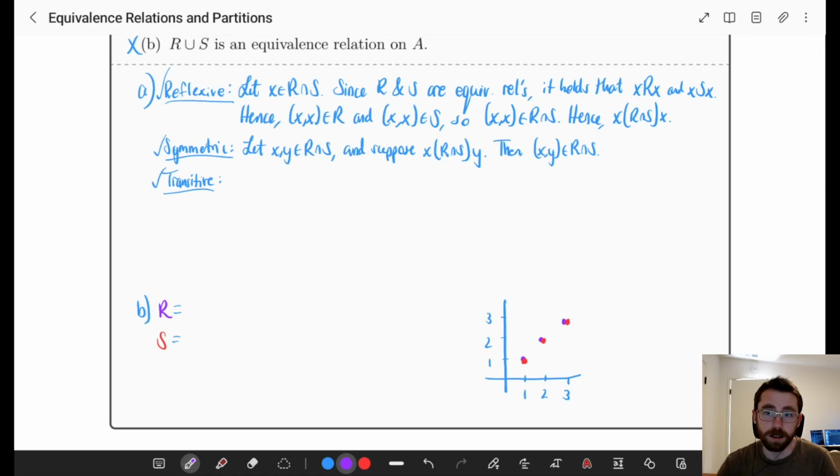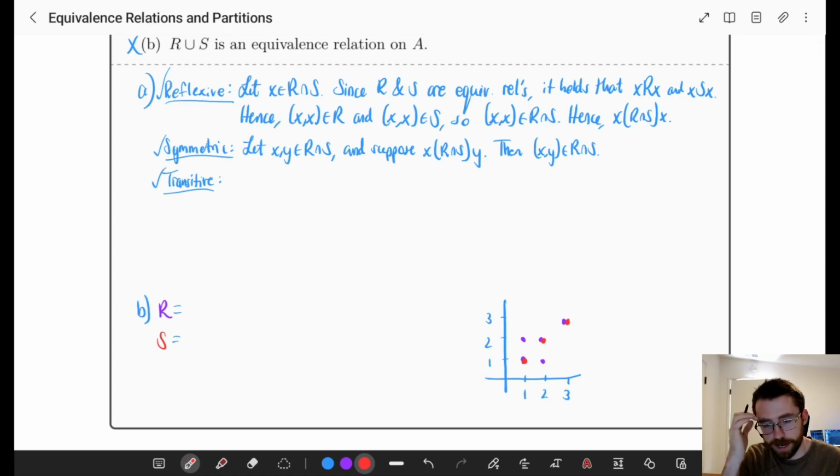Great, but I want to make it so that their union is not an equivalence relation. So I need to add some more things over here, because right now their union is just the diagonal, and that's an equivalence relation. Let's go back to R. So the relation R in purple, maybe I put this dot in, but then it's symmetric, so I have to put this dot in. So we're just constructing this counterexample by trying randomly and abiding by the rules we have to abide by.